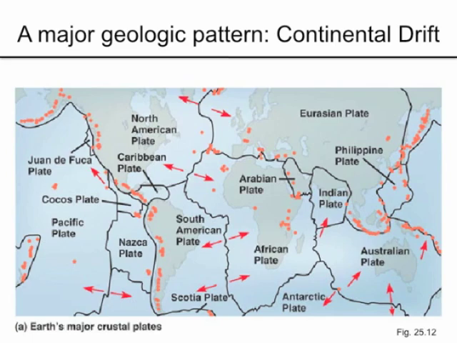The North American plate is separated from the Caribbean plate and the South American plate. So those two continents are on separate plates, and those plates are moving relative to each other. Africa has its own plate. The Eurasian plate is one large plate. This is why you don't really get earthquakes or volcanoes between Europe and Asia, because they're on one plate.